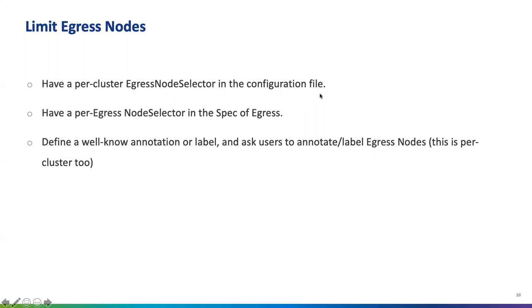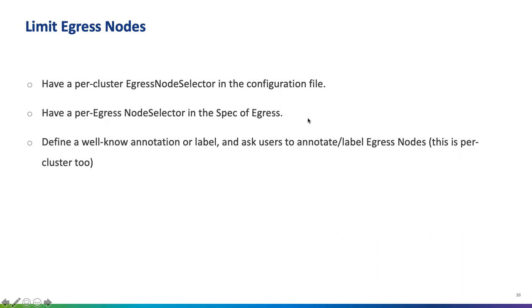For the first one, we just have a per cluster egress node selector in the configuration file. So you have to specify it before you start Antrea, or you could change it, but it needs to restart the Antrea agents. By default, it will just select all nodes. And the second is that we have a node selector in the spec of egress, so that different node selectors can be specified for different egresses.